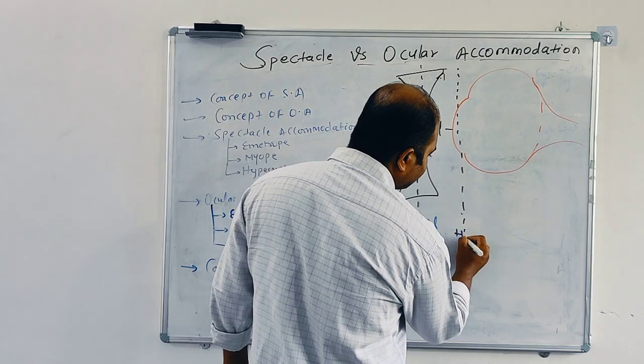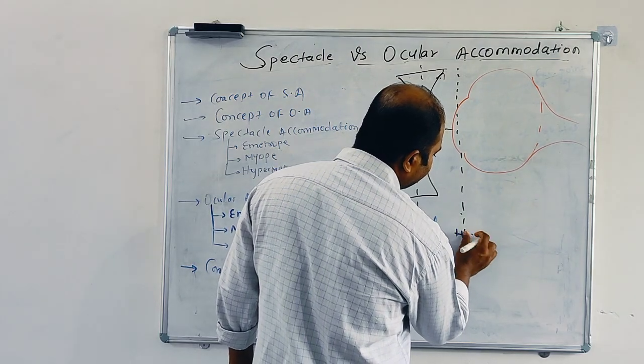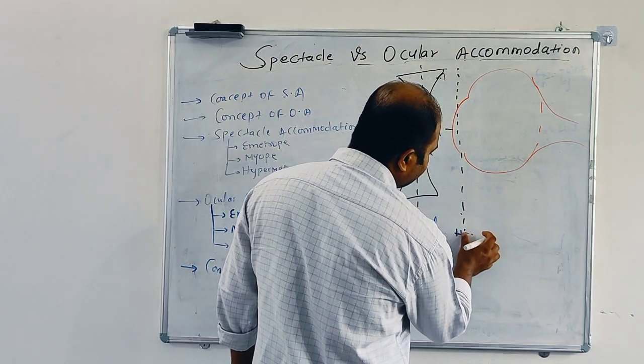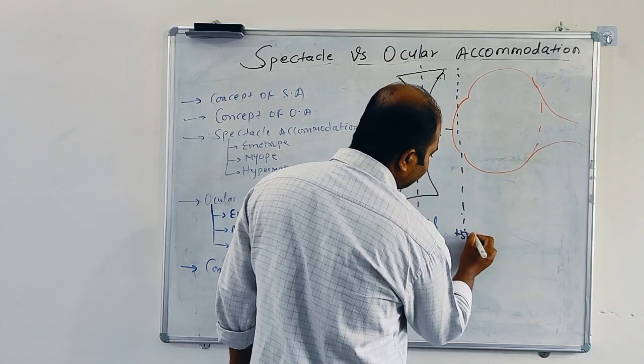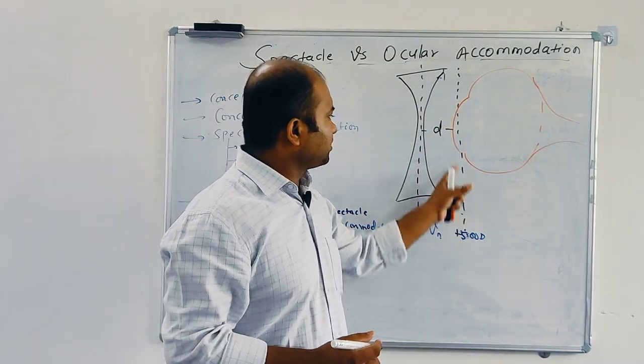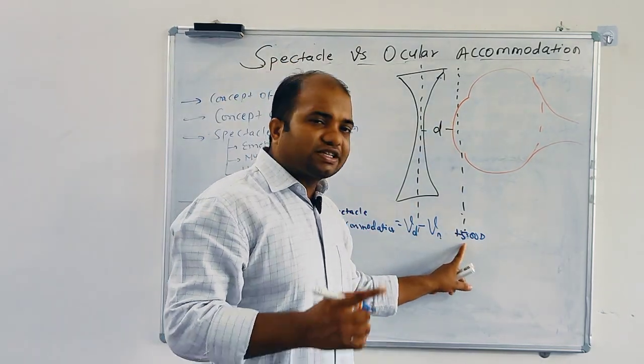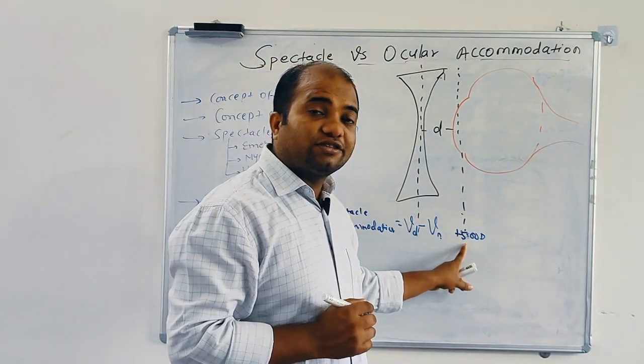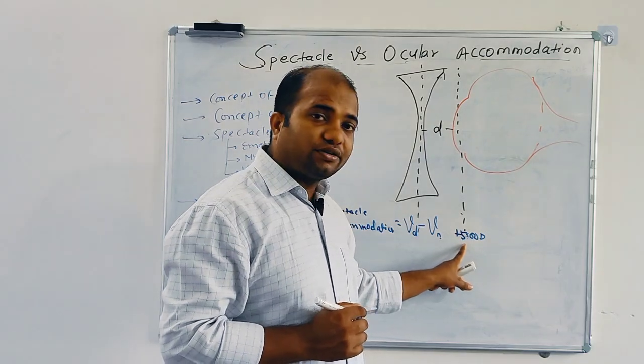Let's assume, just as an example, +5 diopter when you are seeing far. I am talking about ocular accommodation. Just assume when you are seeing far, this accommodation is +5 diopter.